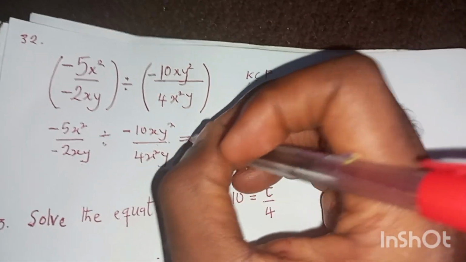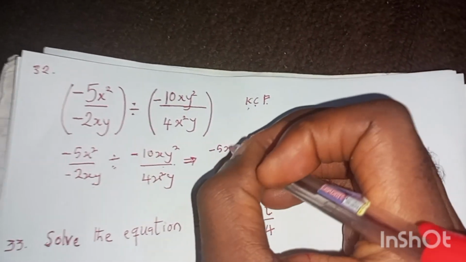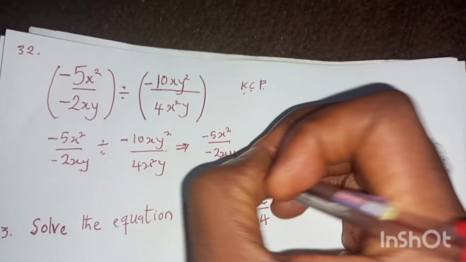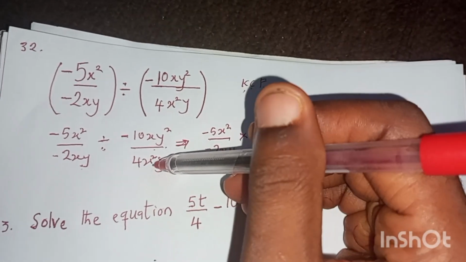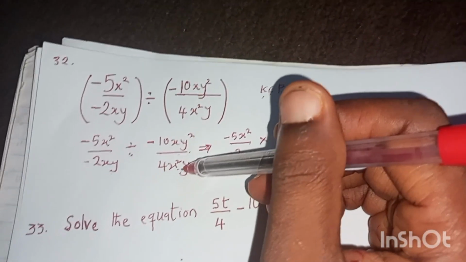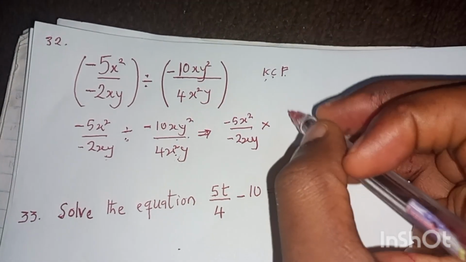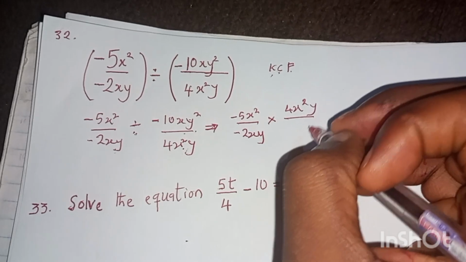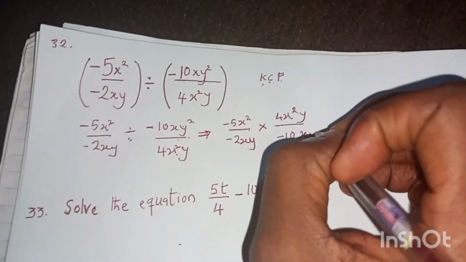That implies that I'm going to keep this one, negative 5x squared all over negative 2xy. Then division turns to times, and this fraction flips, the denominator goes up and the numerator comes down. So I'm going to have 4x squared y all over negative 10xy squared.